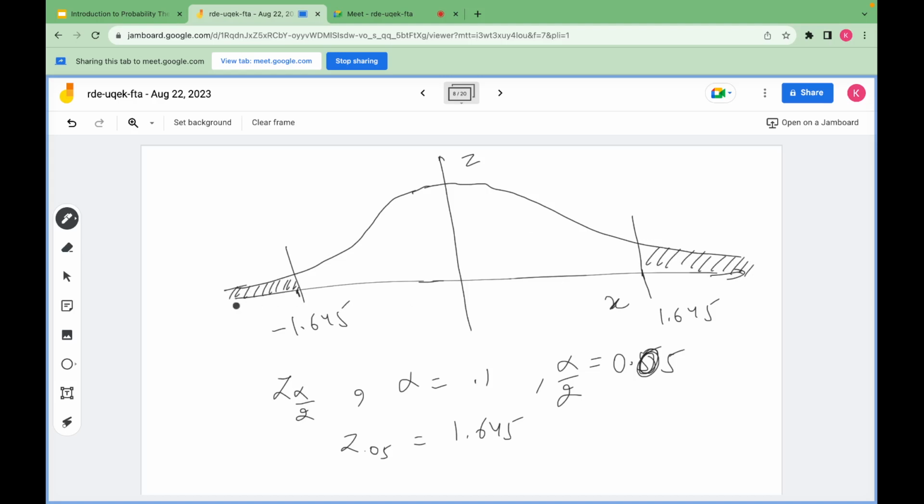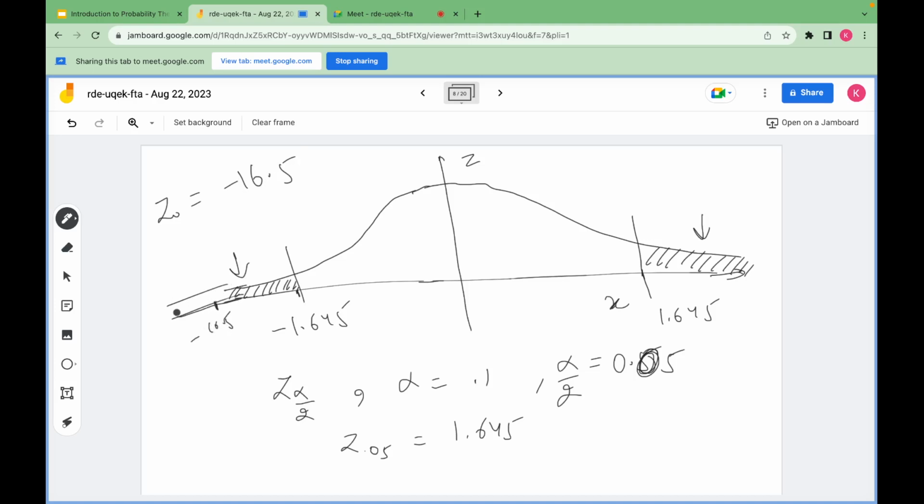So if our z naught lies either in this area or this, we will reject our null hypothesis. So z naught came out to be minus 16.5, which will be somewhere here.